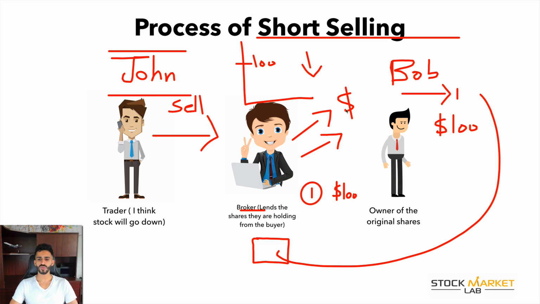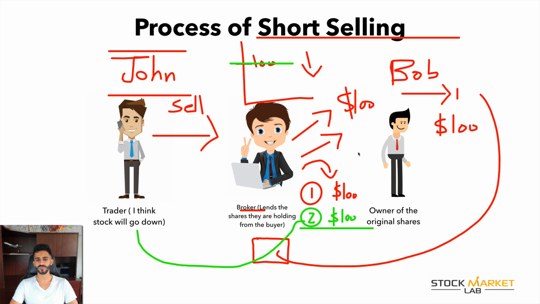Now, at this point, once again, the trader, known as John, requests to sell one share at $100, and the broker listens to it and sells one share at $100. Now, when the broker sells one share at $100, there's two things the broker gets. One, the broker gets the $100 for the sale. And two, the broker collects a deposit from John for $100 as well. If the broker was selling the stock for $200, he would ask for a $200 deposit.